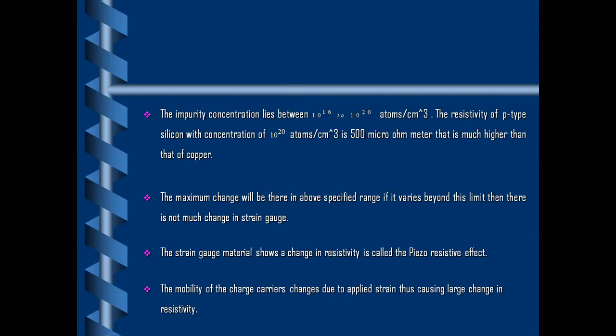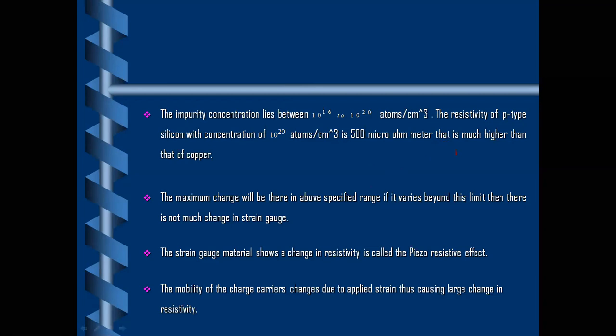So the resistivity of P-type silicon with a concentration of 10 raised to 20 atoms per centimeter cube is 500 micro ohm meter, which is much higher than copper.